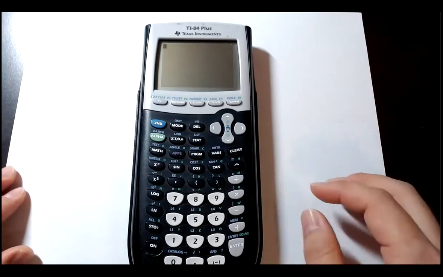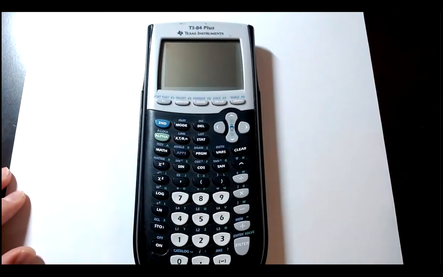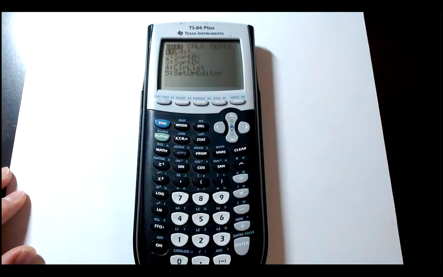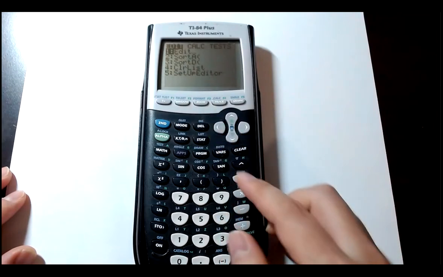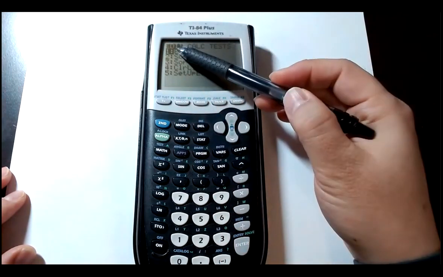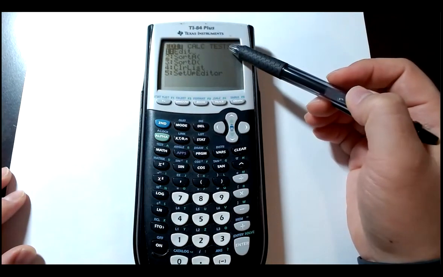So first, we need to enter data, right? To enter data, you just press the STAT button right there. Then you see there are three tabs: EDIT, then CALC, and then TESTS.